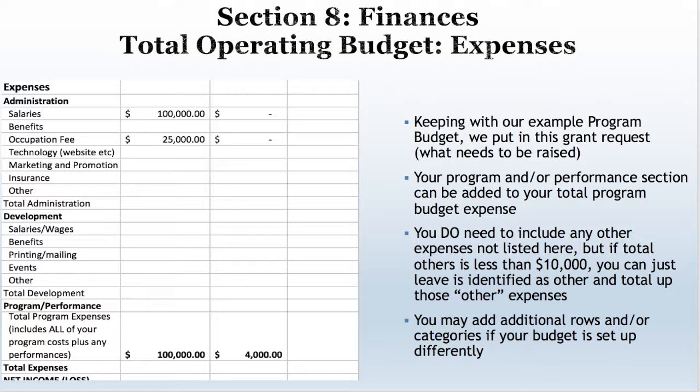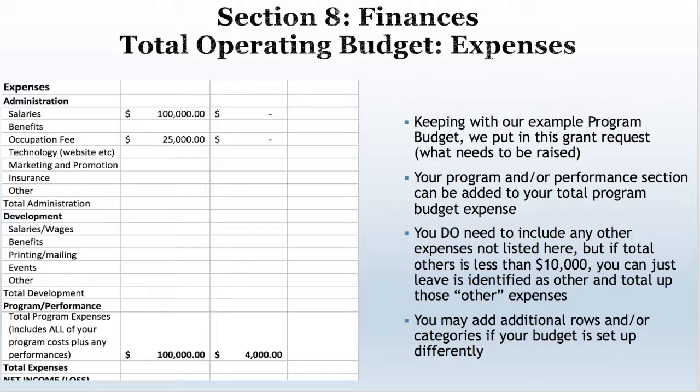Just also keep in mind that you can rearrange this budget to reflect what your actual operating budget looks like. I just ask that you keep program as one line item, but you can completely rearrange the administrative and your development and label them however you want and make this budget template work for you so that it is congruent with how you normally do your operating budget.